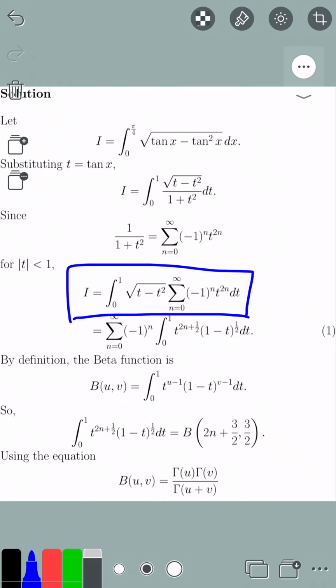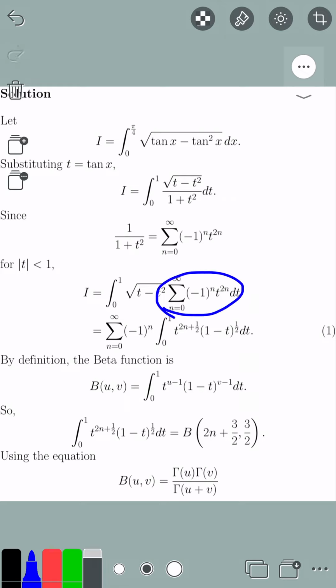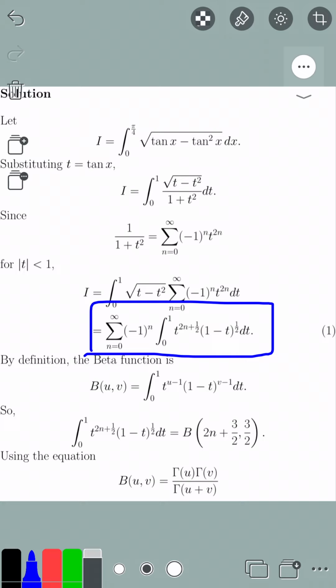Then we interchange the sum and the integral, because this series converges for t from 0 to 1. So we can interchange the series and the integral. The integral I becomes the sum from n equals 0 to infinity of negative 1 to the nth power times the integral from 0 to 1 of t to the power of 2n plus 1 half times 1 minus t to the power of 1 half.